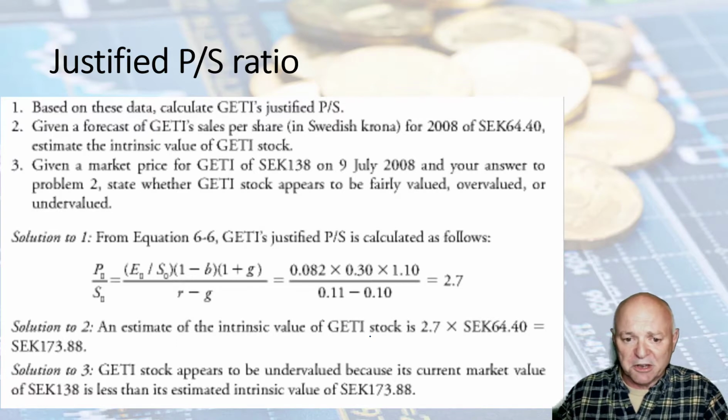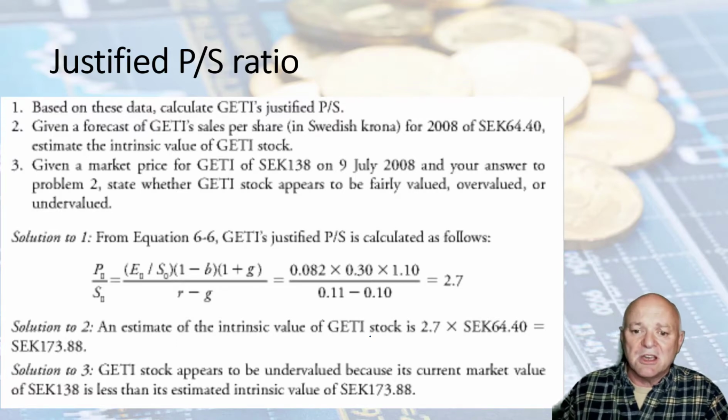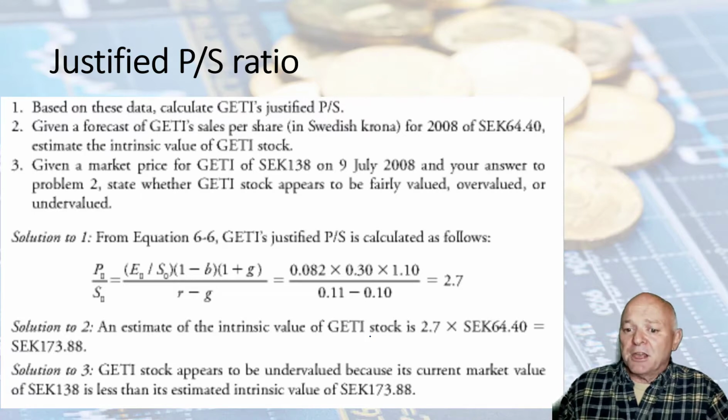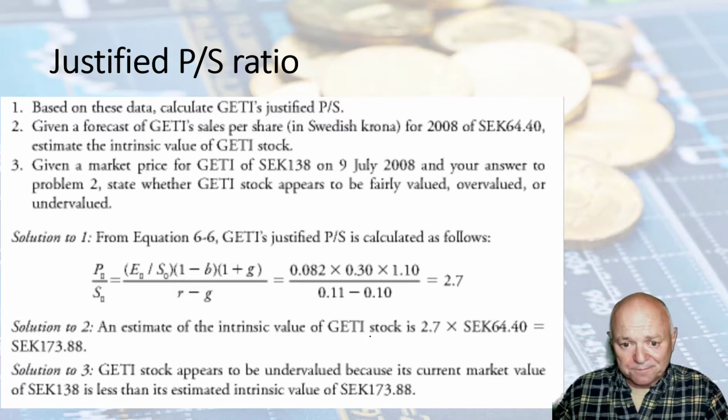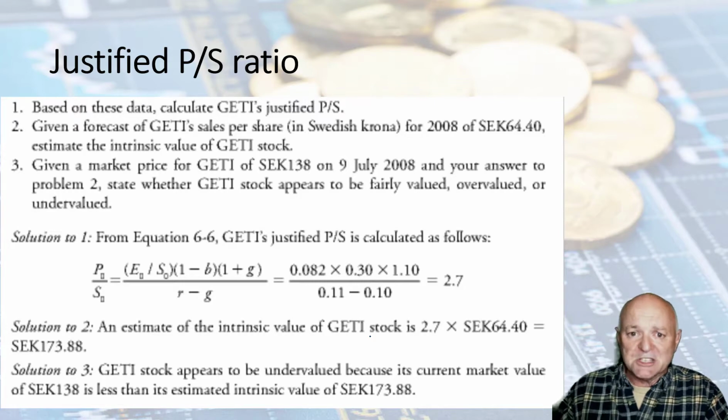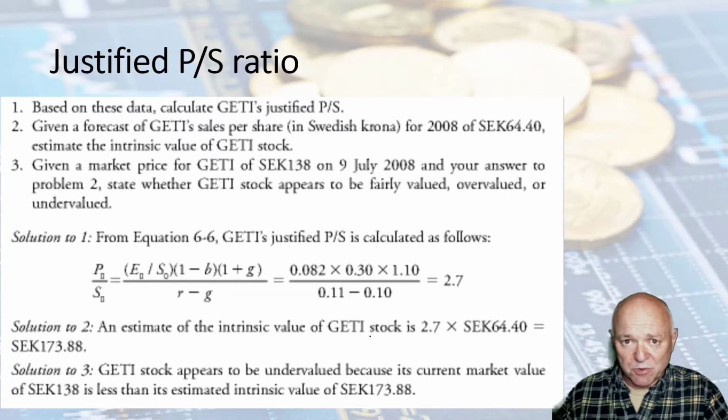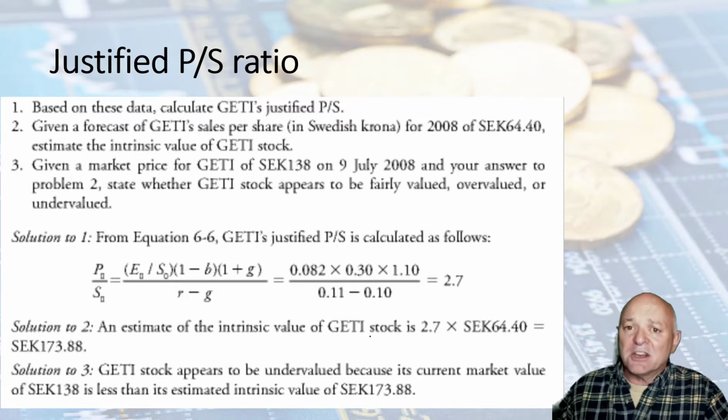Whatever their earnings divided by their sales was gives us 0.082 as their profit margin. They paid out 70%. So B was the payout ratio, and 1 minus B is the plowback ratio, or the retention in the business. So 30% of that 8% was retained in the business, and it's increasing on an annual basis at a rate of 10%.